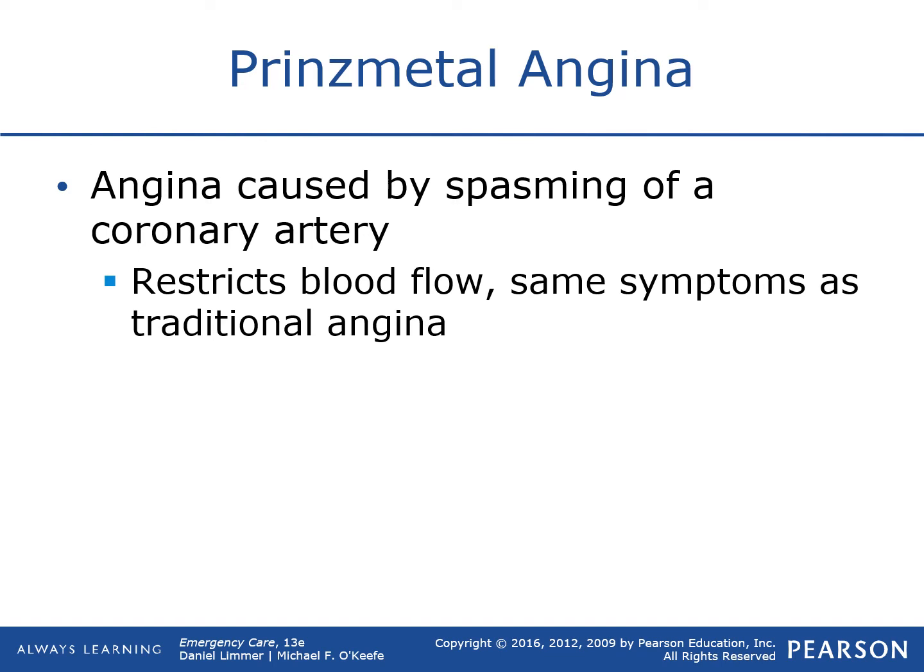If we can't get as much blood through there, the heart from there on out is going to have reduced blood, which is going to mean it's going to have reduced myocardial oxygen, which is an acute coronary syndrome. So it's a form of angina, just the cause is a little different, but our result and our treatment is exactly the same.